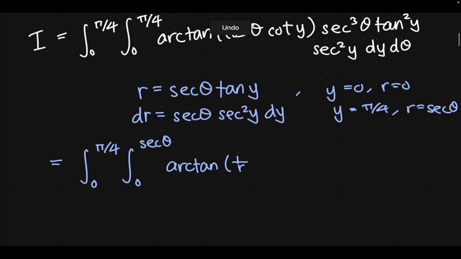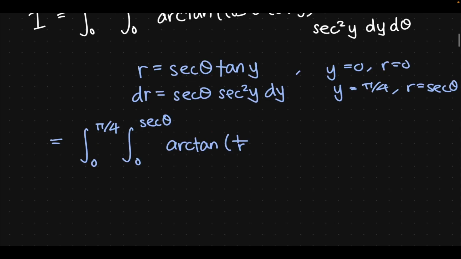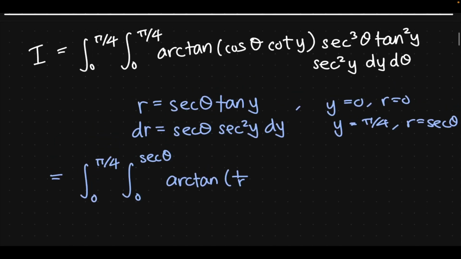We have used one secant from the secant cube and a secant squared y to form our dr. That means we have secant squared theta left from secant cube, and secant squared theta tangent squared y is just r squared. So that's r squared dr d theta.